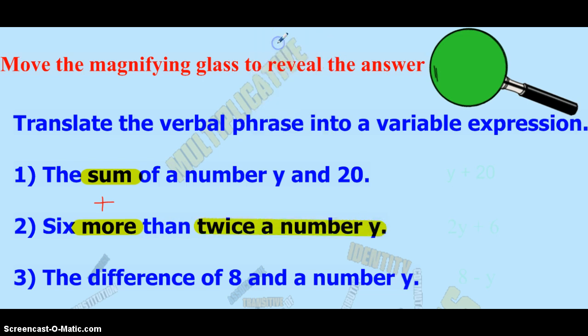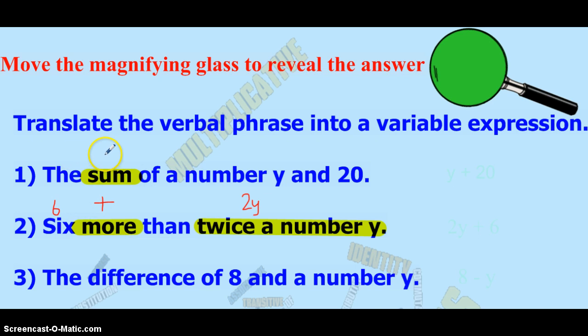If I said twice a number, which is y, wouldn't you take y and multiply it by 2? So it's going to look something like this. So we have 6 more than twice a number, which is y. So we're going to argue that ours is 2y plus 6, or 6 plus 2y.